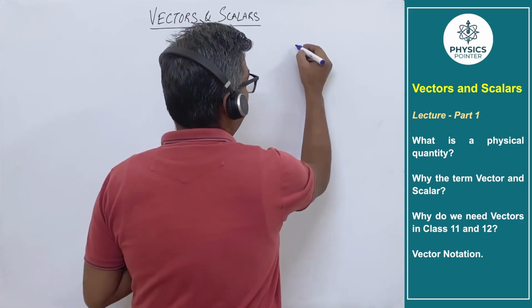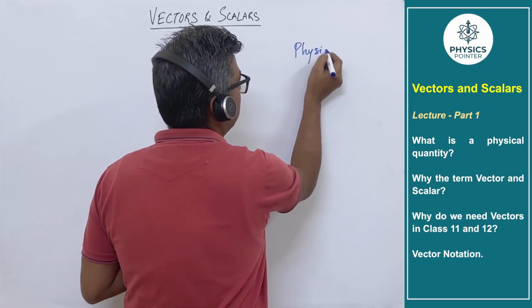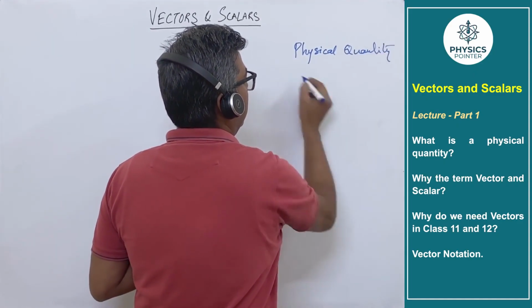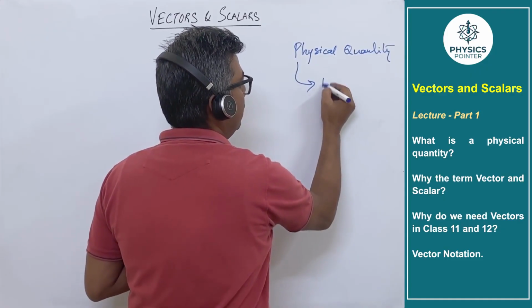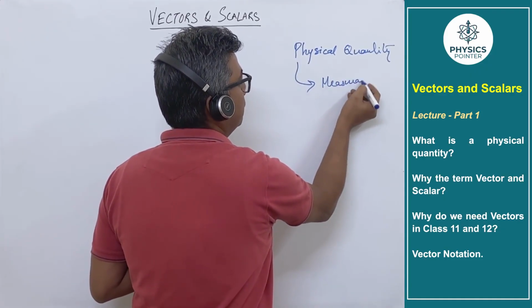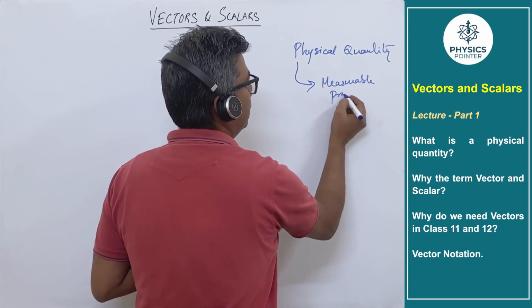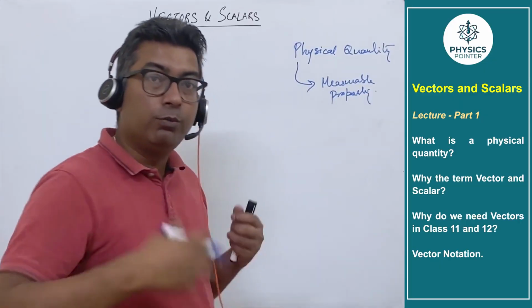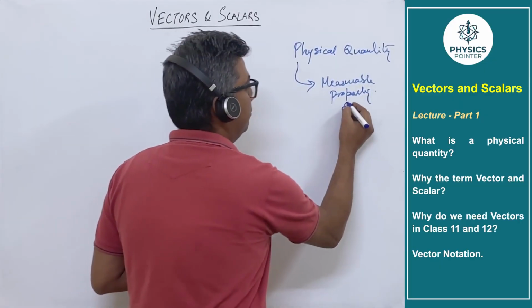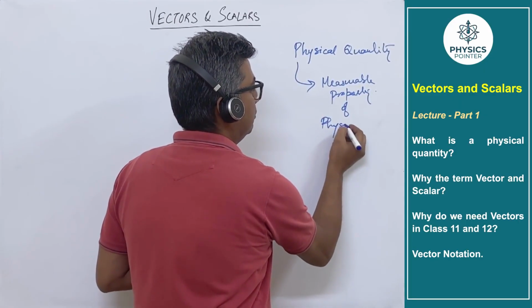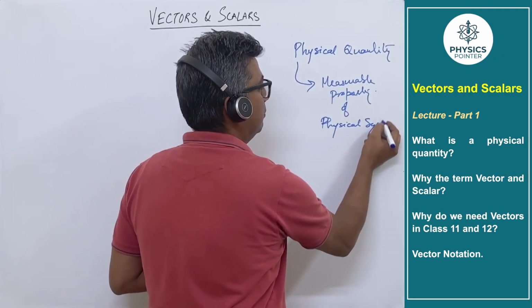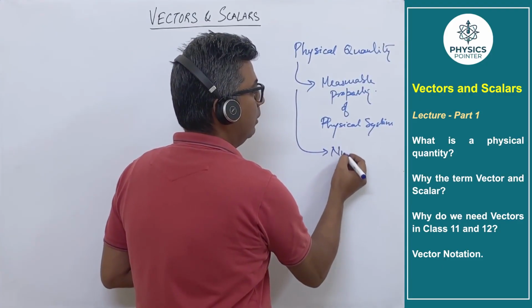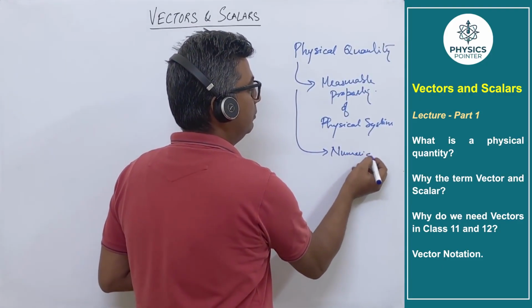So a physical quantity, first thing is it's actually a measurable property. Measurable property of what? Of a physical system. And it has a numerical value.